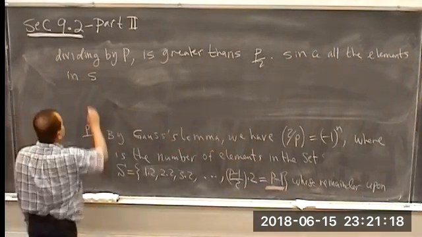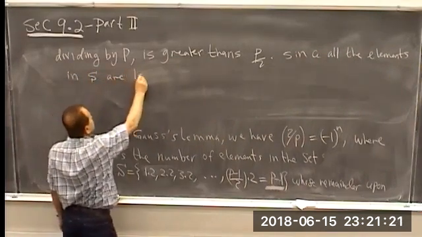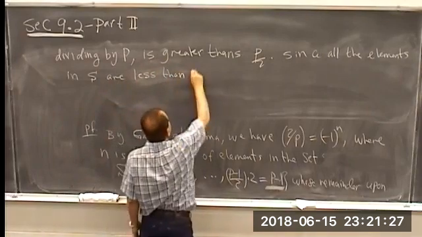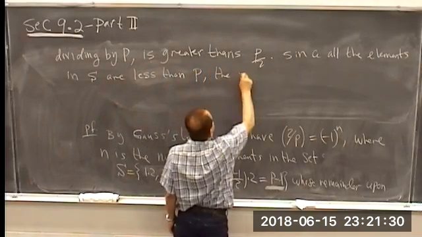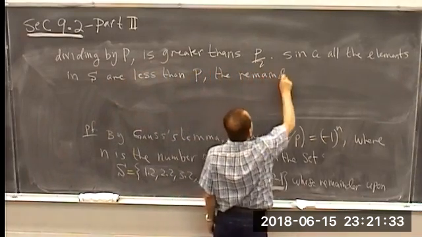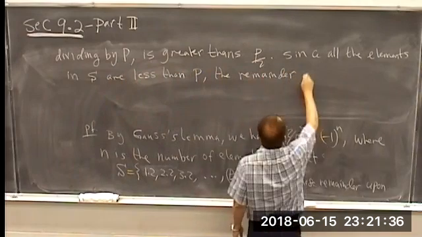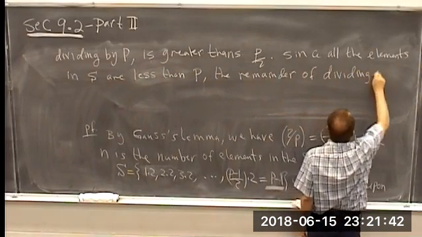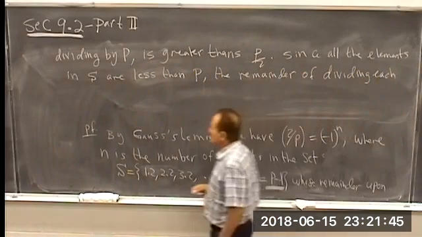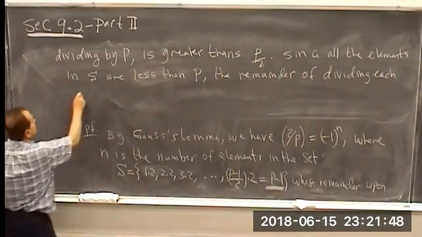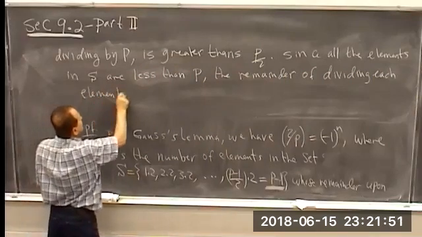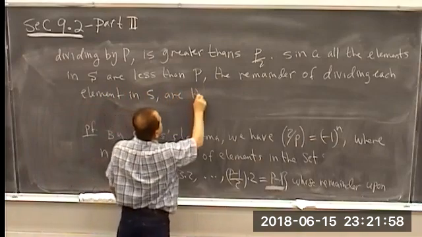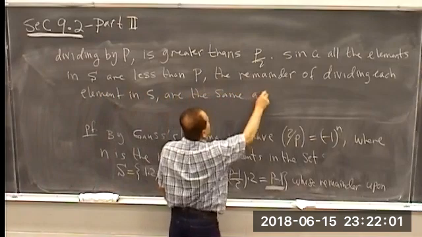Since all the elements in S are less than p, the remainders of dividing each element in S by p are the same as the elements of S.